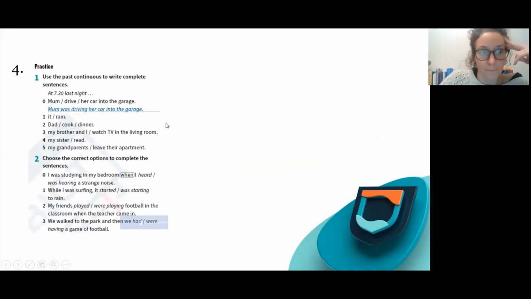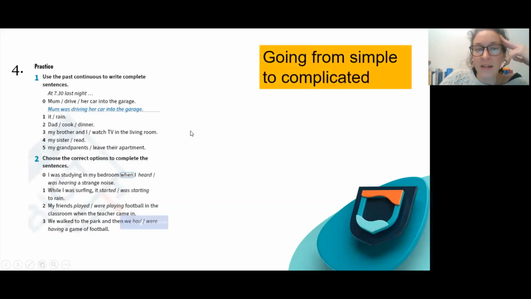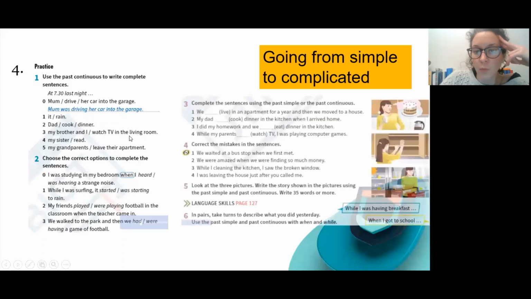Now, after that, we have practice, and we go from very simple exercises, like make up sentences, open the gaps, and so on, to more complicated exercises.